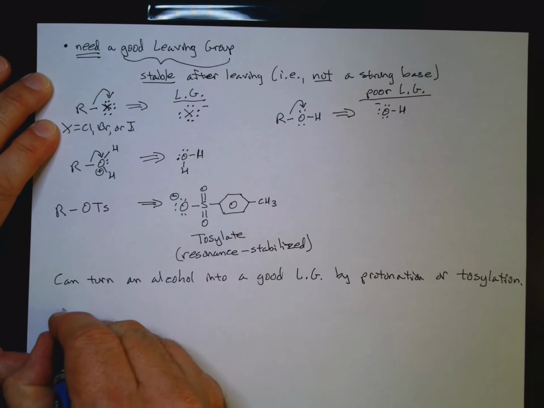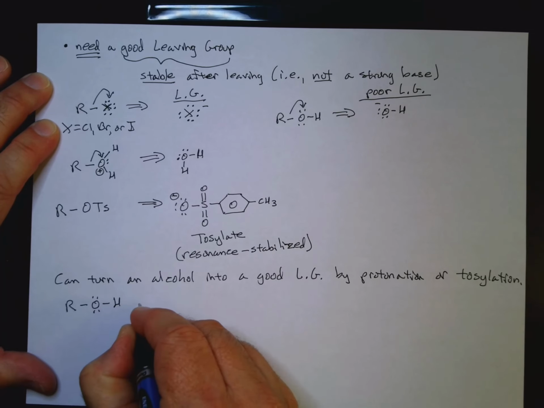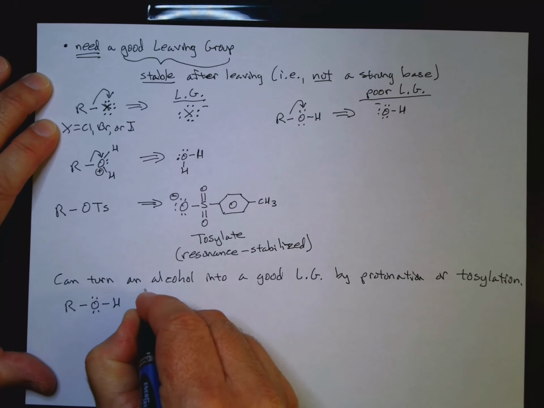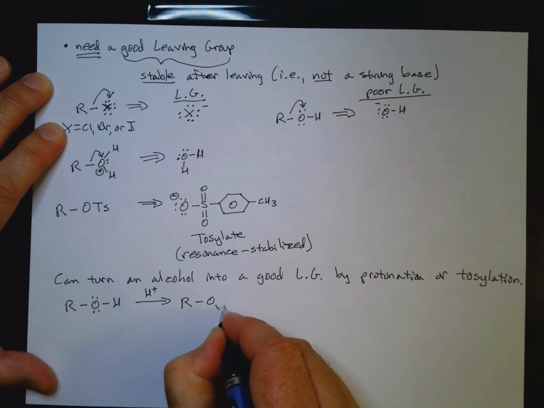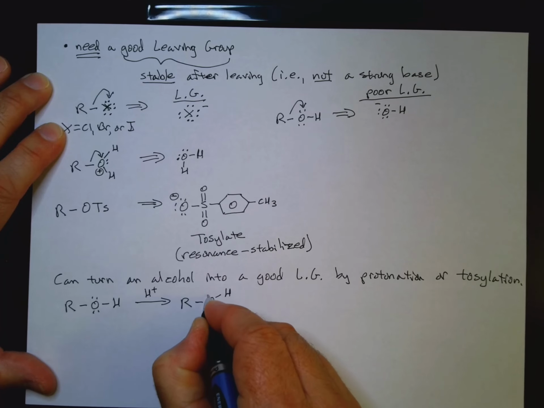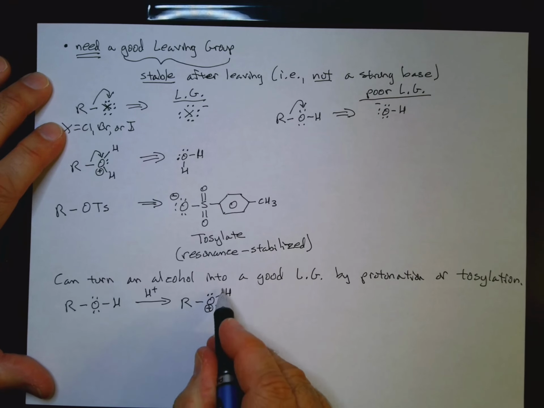With protonation, I'd have ROH, and I would treat it with H+, and I'll get ROH2+, positive charge there. So now I've got my good leaving group.